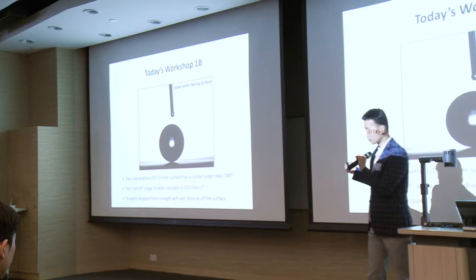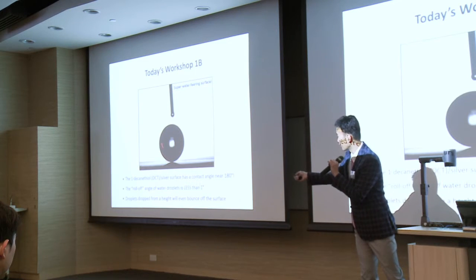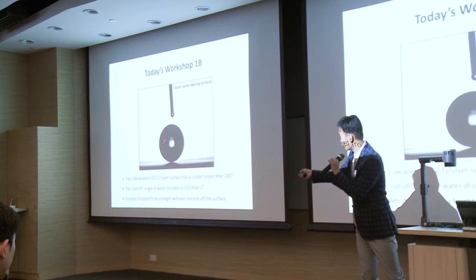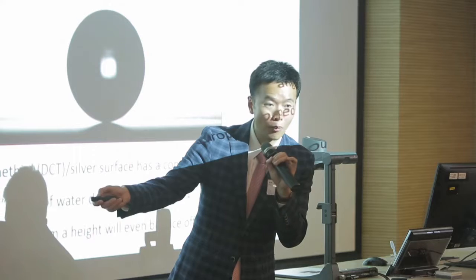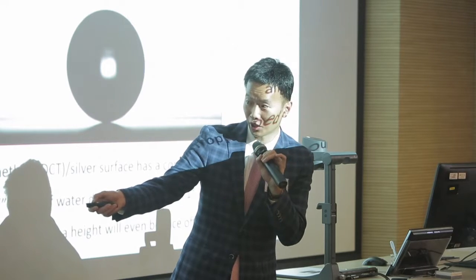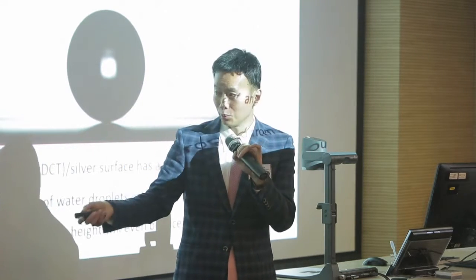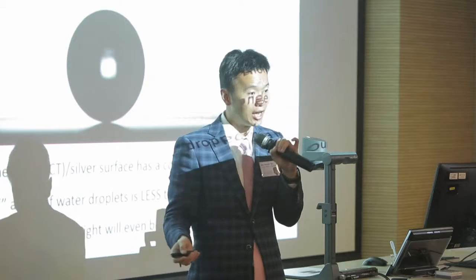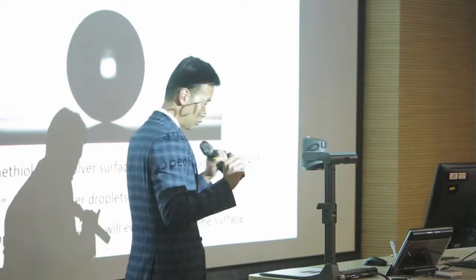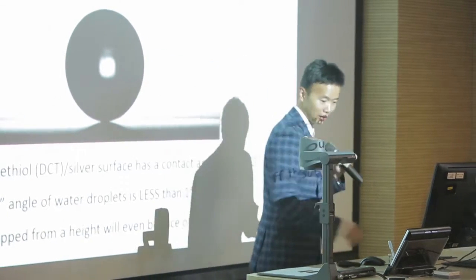Today's workshop, in workshop 1B, what you try to make is something called the superhydrophobic surface. Your contact angle is going to be almost 180 degrees, and the roll-off angle for the water to roll off will be less than 1 degree. Let me give you a quick demonstration of what we're going to do today.